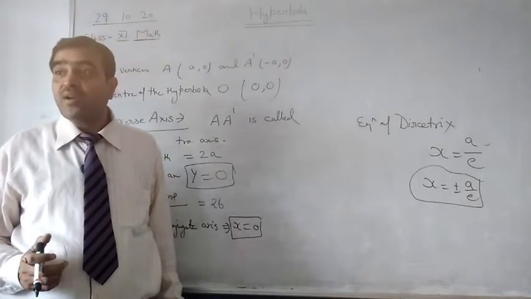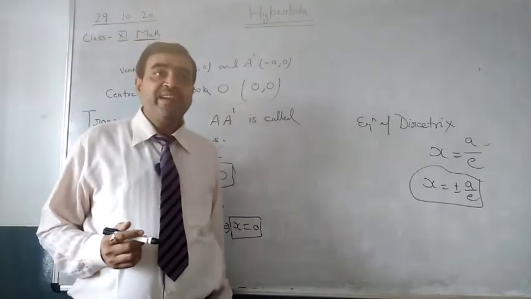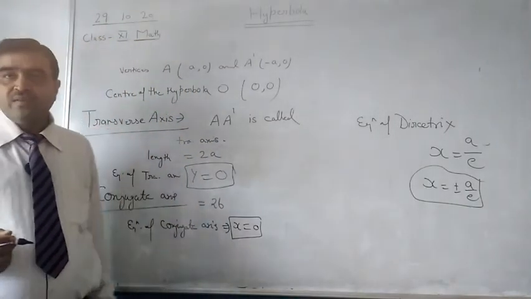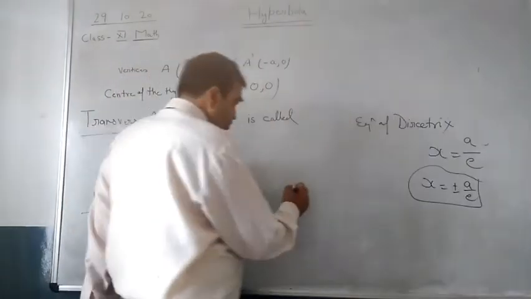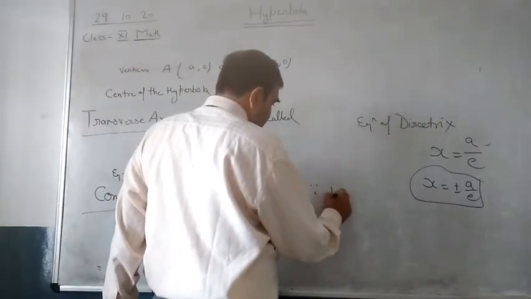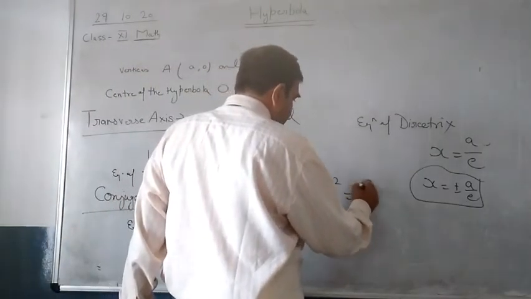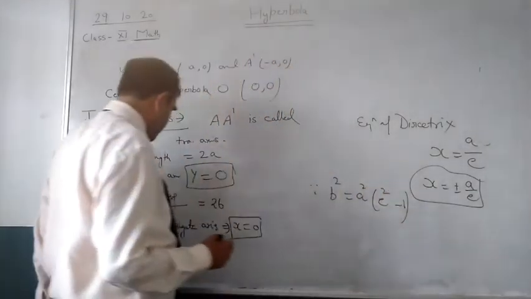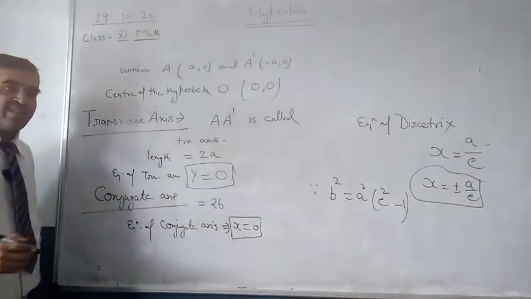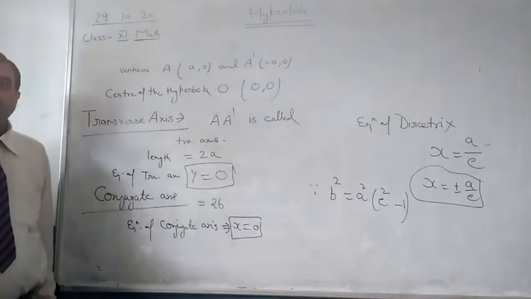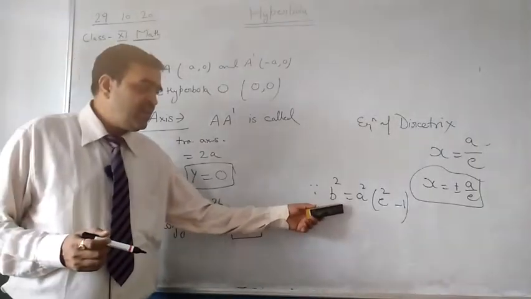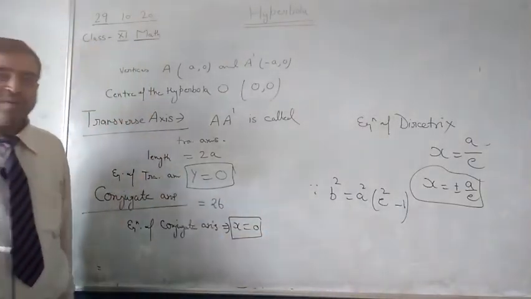Eccentricity of the hyperbola. Since b square is equal to a square times e square minus 1, after solving this we will get the eccentricity of the hyperbola.